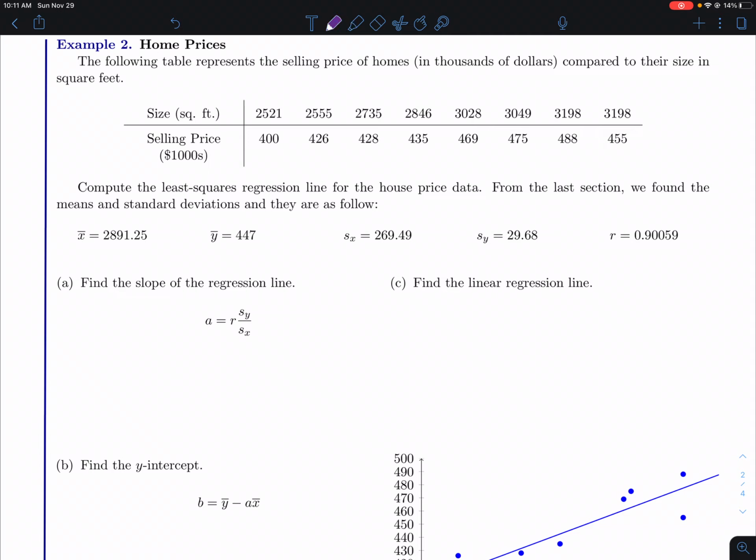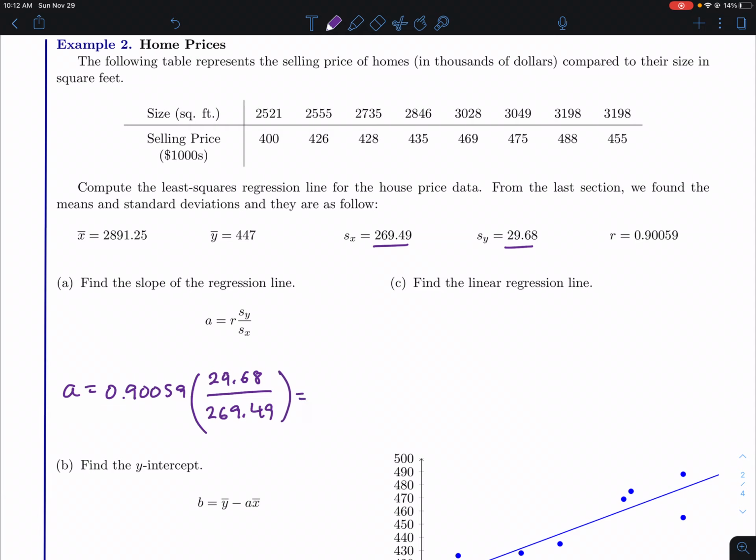To find our slope, we take our R value, which I expanded a few digits to make it a little more accurate, times our SY, which is 29.68, divided by our SX, which is 269.49.